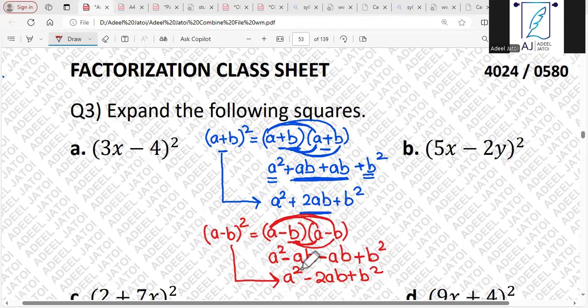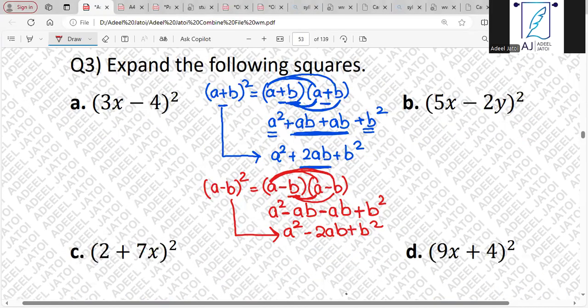But eventually, what I really want you to understand is that you do not have to just write the formula down. You just have to understand that the formula is important. You need to understand that your first value will be squared. This is a, this is b.